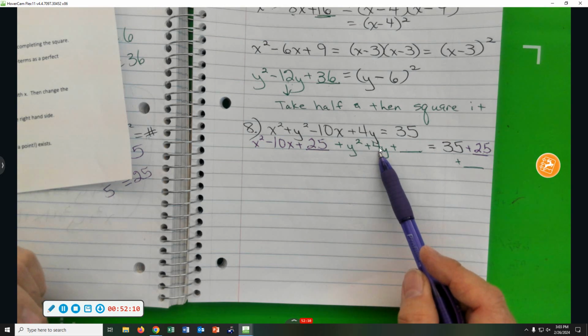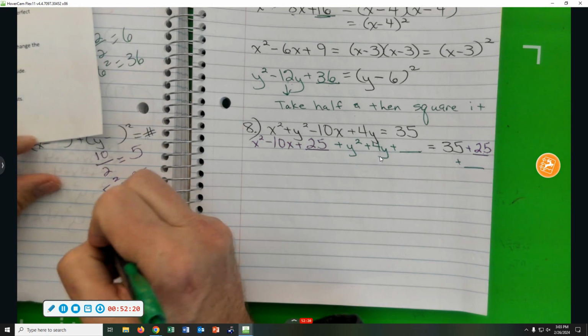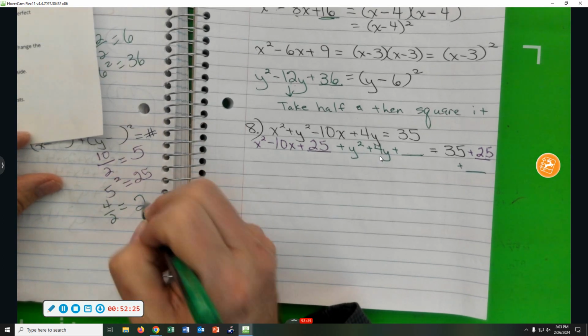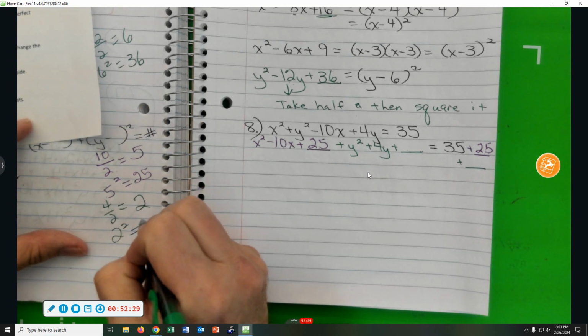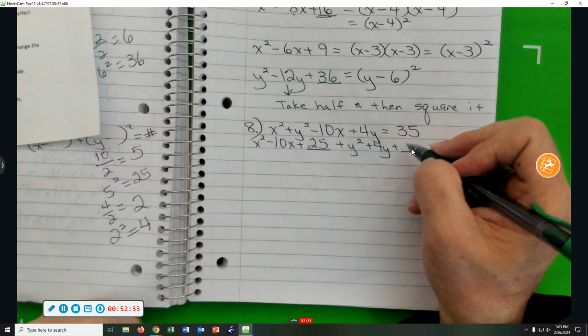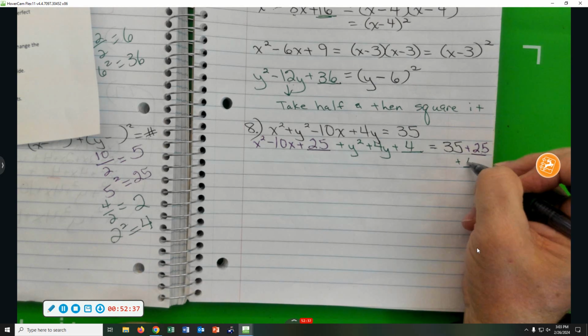The coefficient of y is 4. 4 divided by 2 gives me 2. Then what do we do with that 2? Square it. 2 times 2 is 4. What do we do with that 4? You add it to both sides. It goes there and right there.